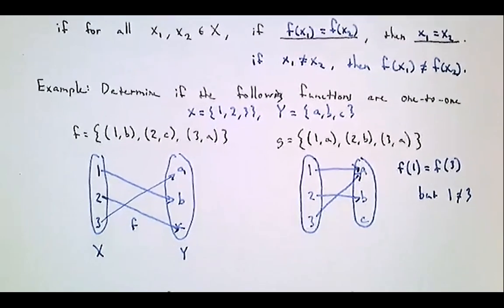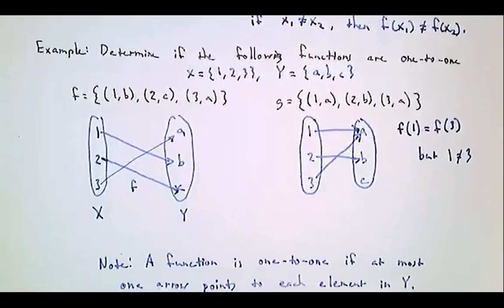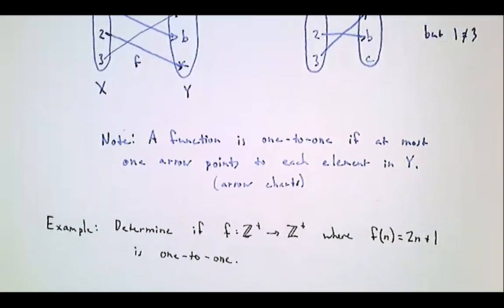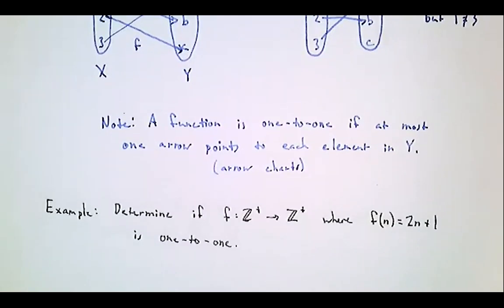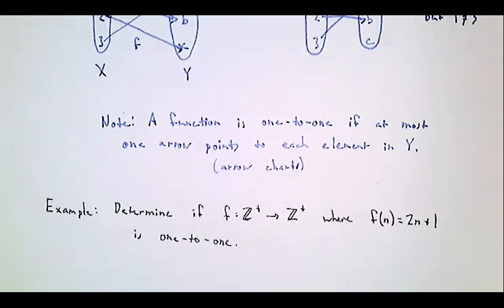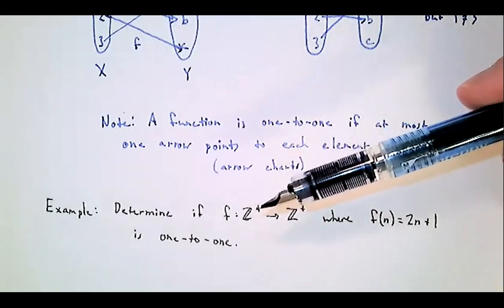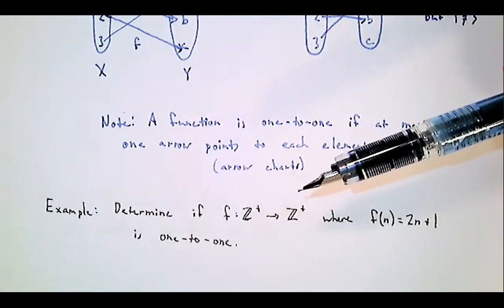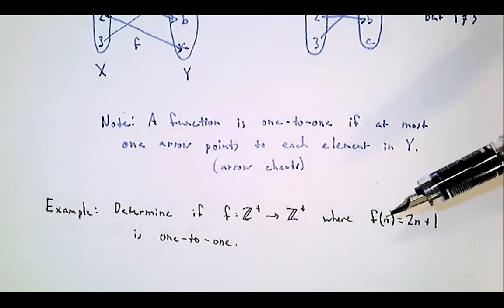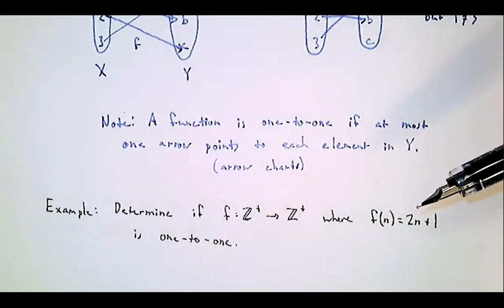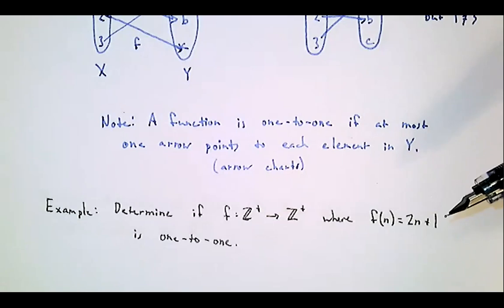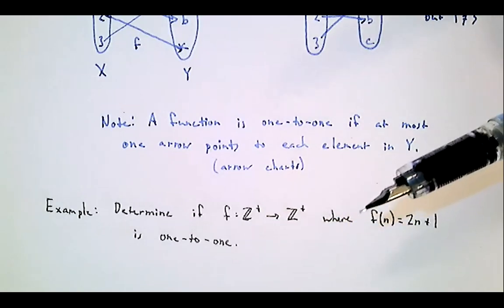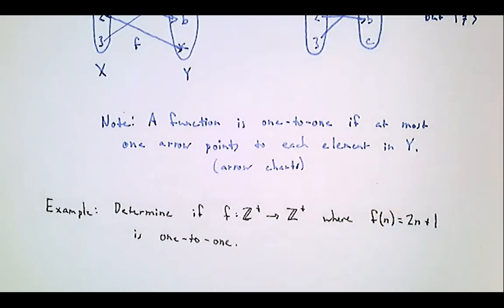Let's do another example with the more usual notation for functions. So here I'm going to have a function from the positive integers to the positive integers, where if I plug something in, f of n is equal to 2n plus 1. And I want to determine if this function is one-to-one.